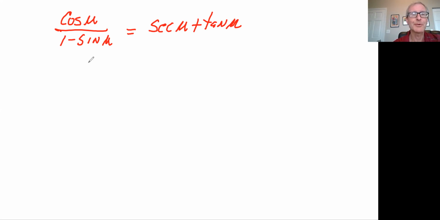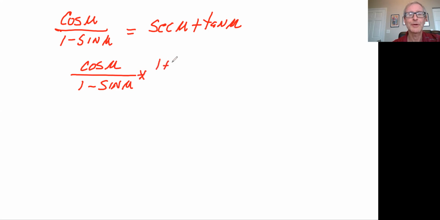So if we start with cosine of u over 1 minus sine of u, and say we multiply 1 plus sine of u on both the top and the bottom, you really don't have to write anything here, because you're multiplying by the number 1, which you can do in any equation.